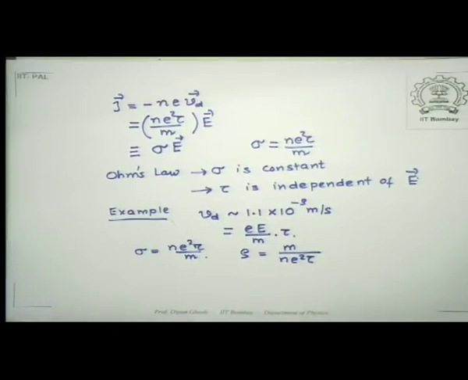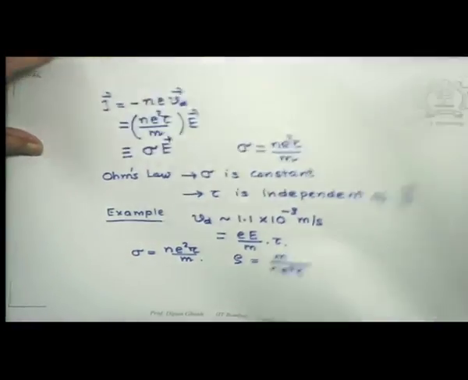Remember, I have given you the data for rho, which we have said is 1.7 into 10 to the minus 8.